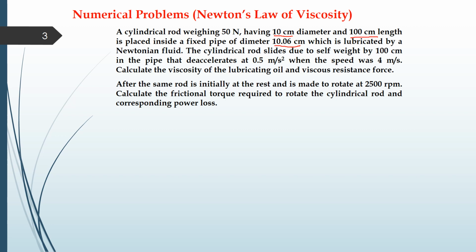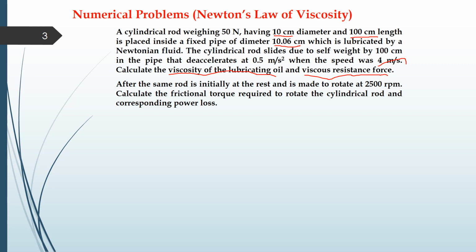The cylindrical rod slides due to self-weight by 100 centimeter in the pipe and decelerates at 0.5 meter per second square when the speed was 4 meter per second. So what we have to do, we have to calculate the viscosity of the lubricating oil and viscous resistance force.